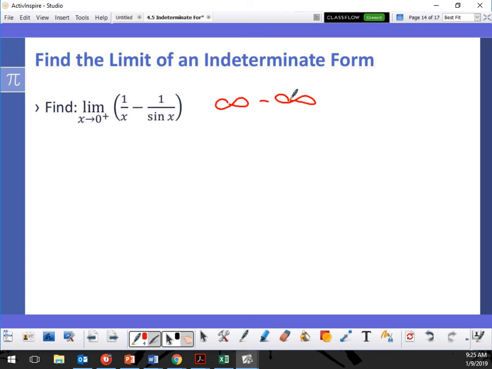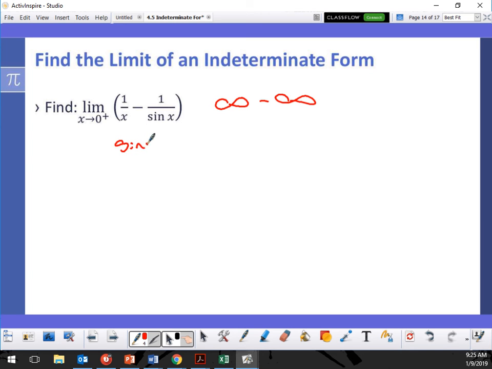So we can just multiply the first one by sine and the second one by x. There's a lot of things we could do. So what do you want to try? Cross products there? Yeah. So cross products, it would give me what?